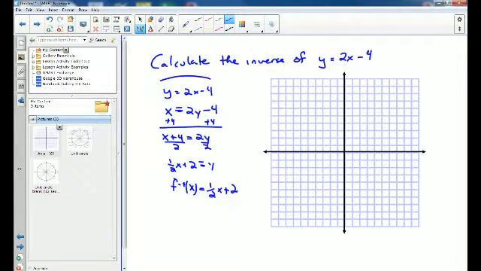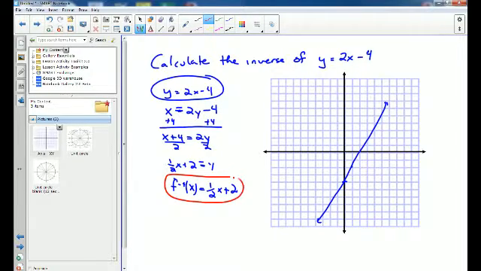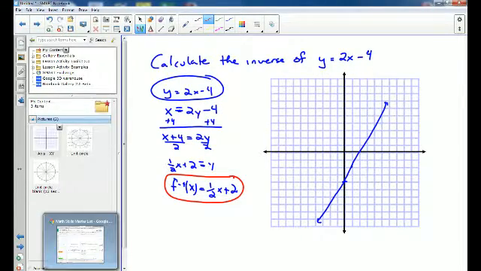I will put this in blue. You will at times have to graph it. How come it's negative 1? That's how we note it. You don't write F and then the word inverse, you write F to the negative 1. That's F inverse of x.